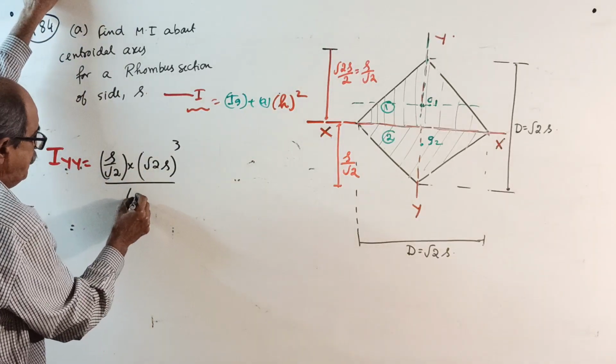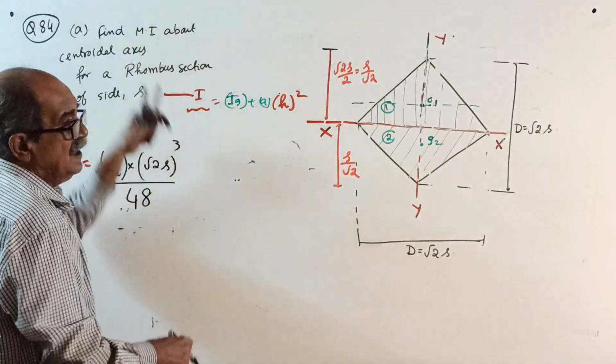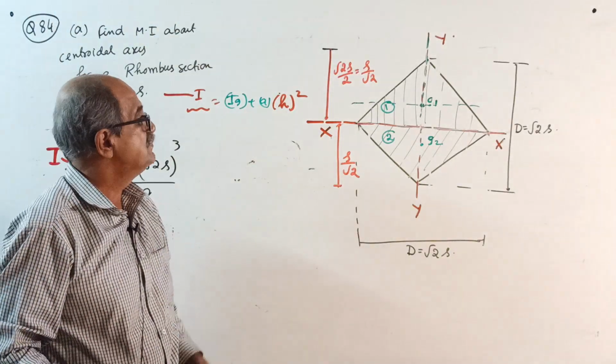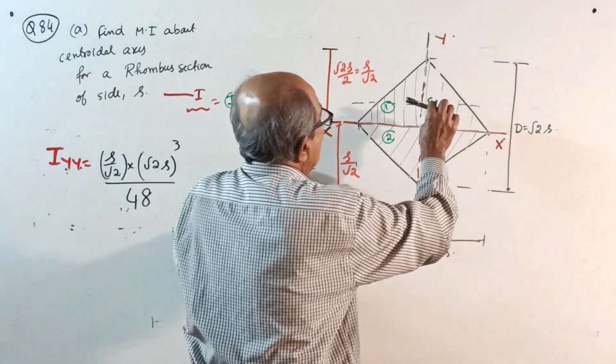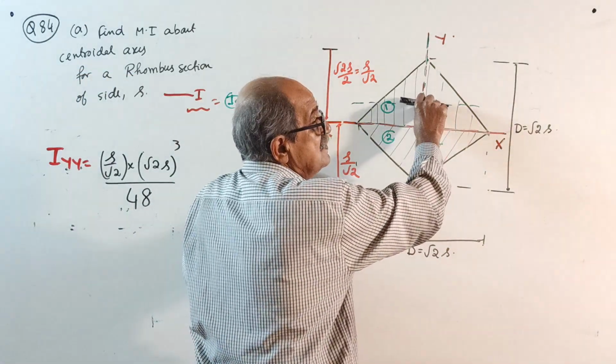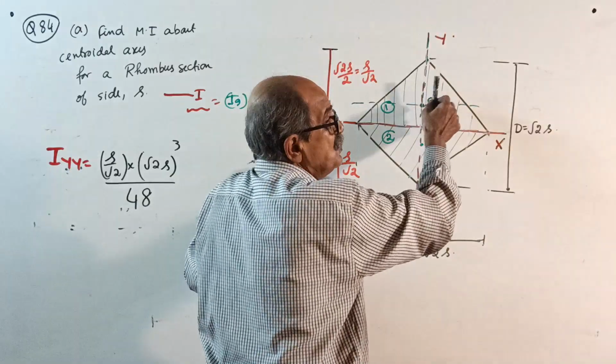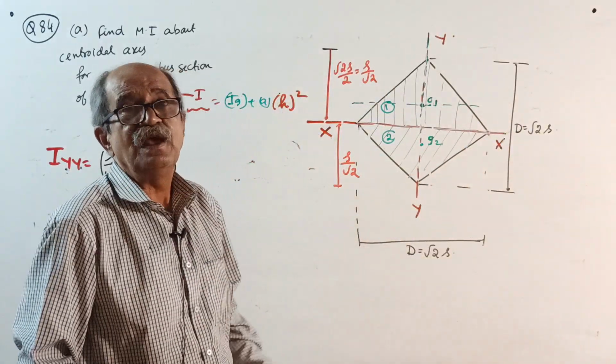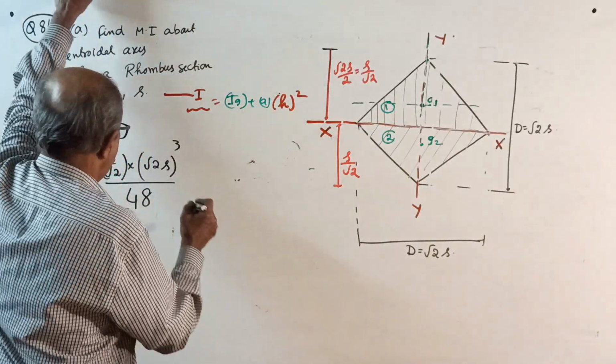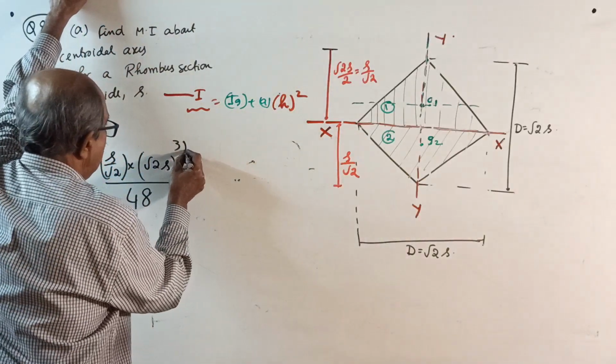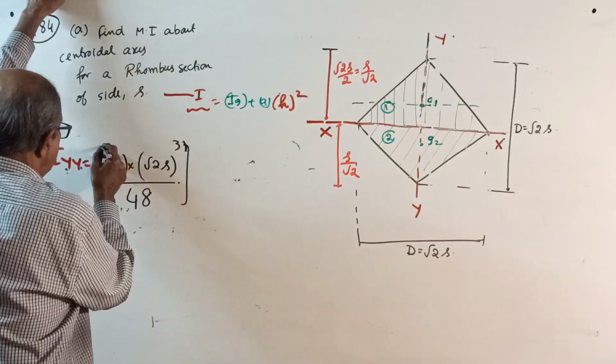I told repeatedly, if anybody is not clear, don't continue my class. If someone asks, sir, about this axis you put bh cube by 36, about this axis you put hb cube by 48, why? Don't come to the class. This is your IG.